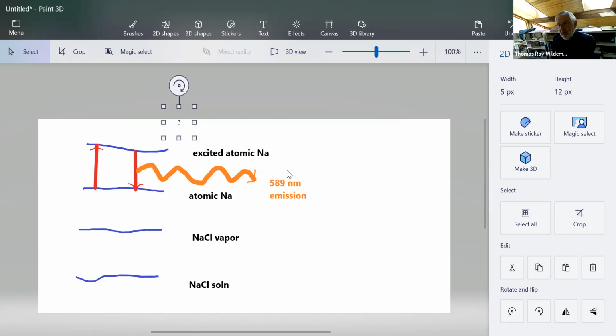And the next thing is, because this is an excitation, I can analyze solutions that may go from 10 micrograms per liter all the way up to maybe 100 milligrams per liter, 4 orders of magnitude, and not have to do any dilutions or anything. So it's a very robust instrument. And so it has really revolutionized how analysts do atomic spectroscopy and get so many results that are so good.